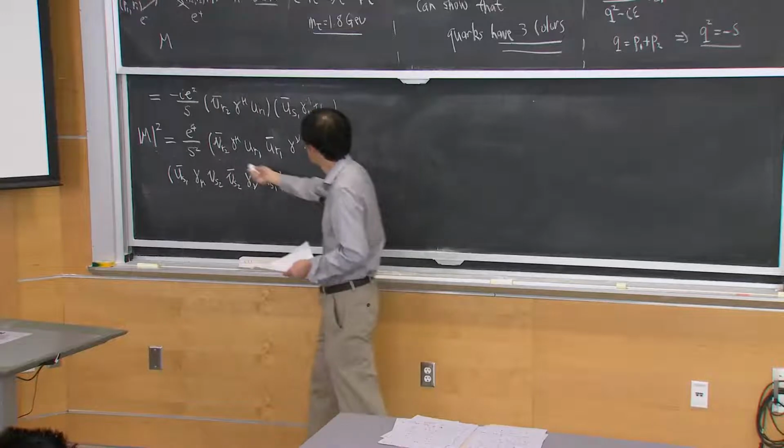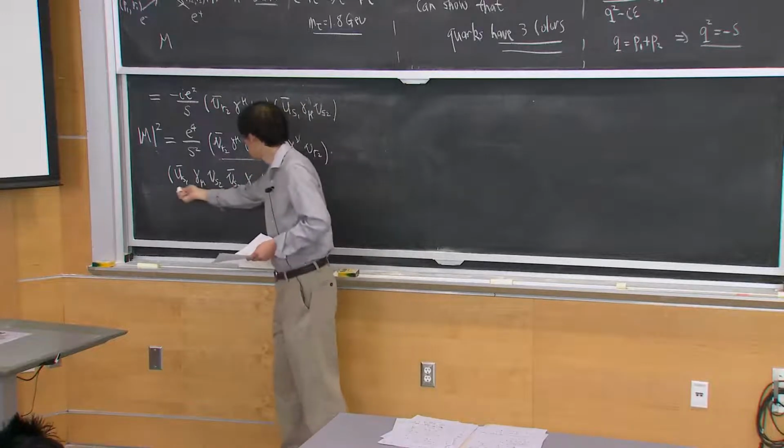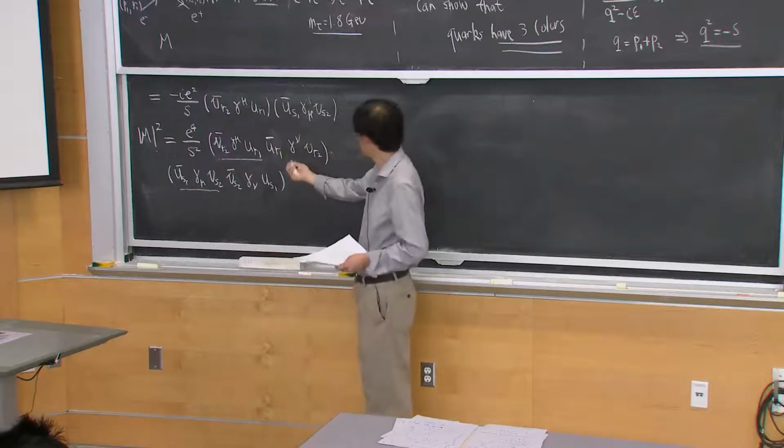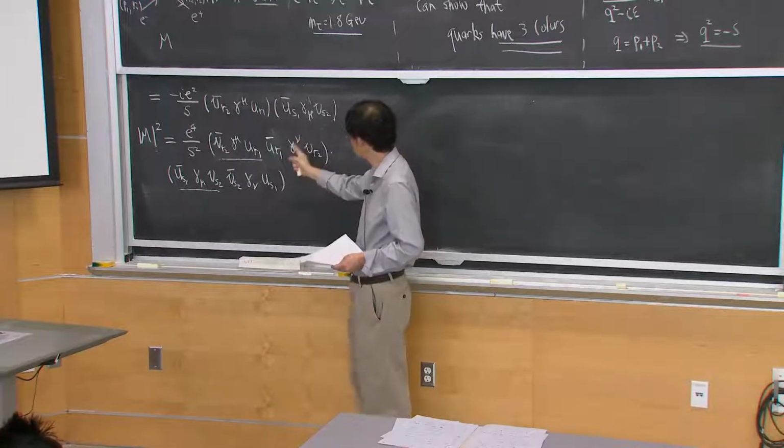So this is the original copy with the nu contracted with this nu, and this is the complex conjugate with this nu contracted with this nu.